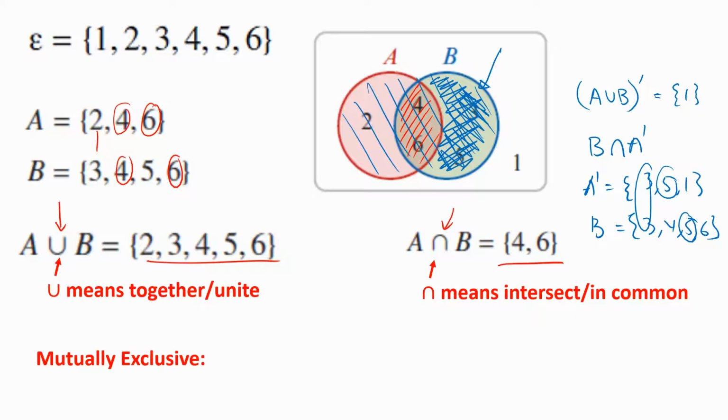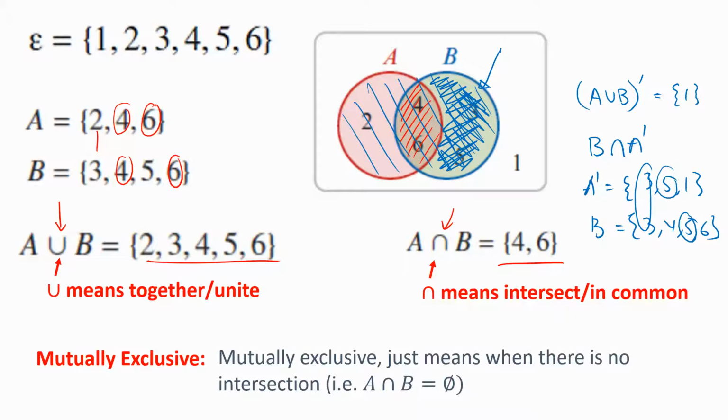So when you have to write the definition, it just means A intersection B, and notice the notation I wrote here. I didn't write 0, because 0 by definition means that they have the number 0 in common. You have to use what we call the null symbol. That means there's nothing in common. So mutually exclusive just means when there is no intersection between two events, A intersection B has nothing in common.